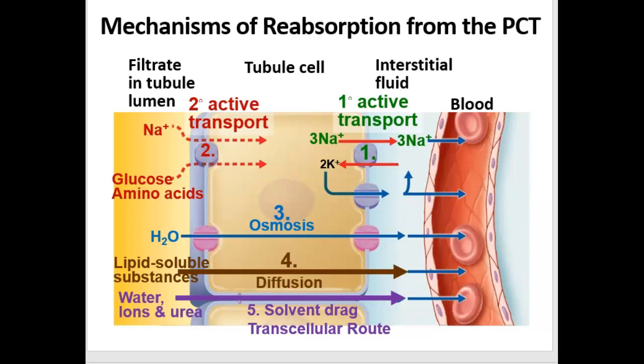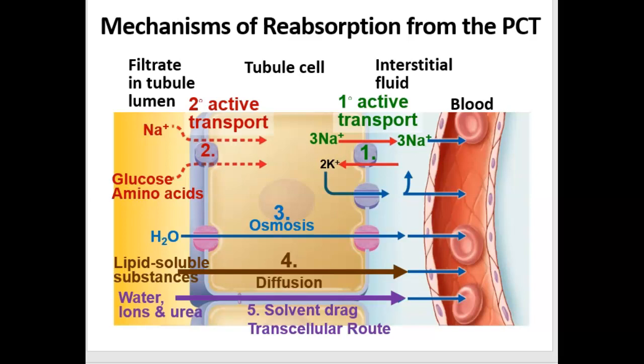So here are the transport mechanisms for the reabsorption of sodium, glucose, amino acids, and water. First, labeled number 1 in green, shows active transport by the sodium-potassium pump.